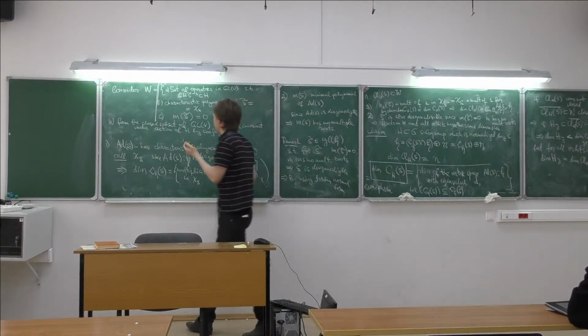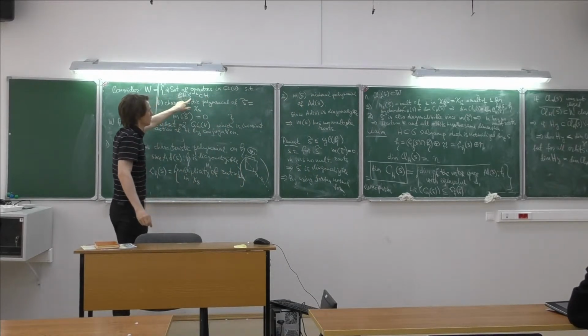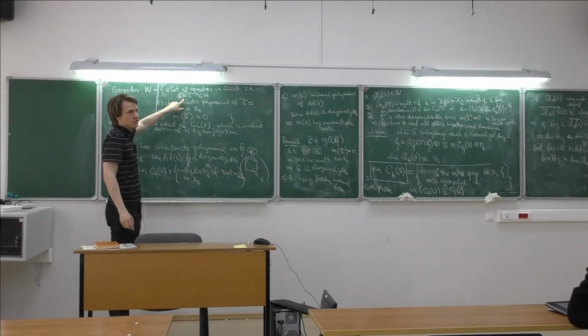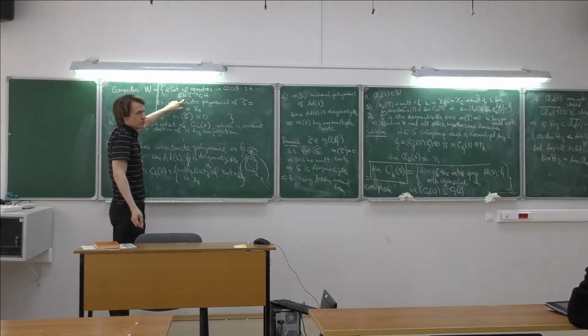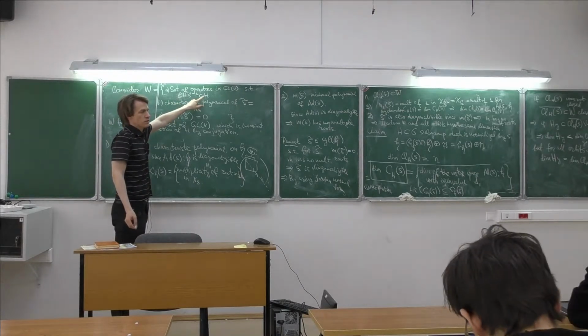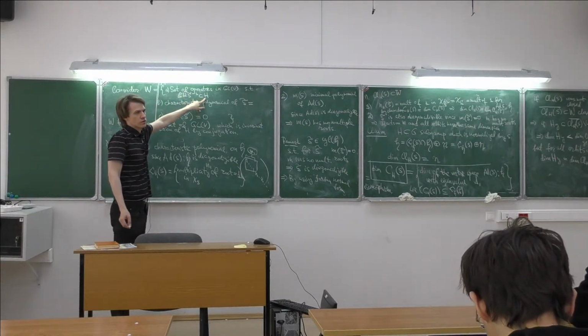Yeah, so just this condition is closed, because it is a pre-image. So you are writing down the action map, and you are taking the pre-image of the closed subset.